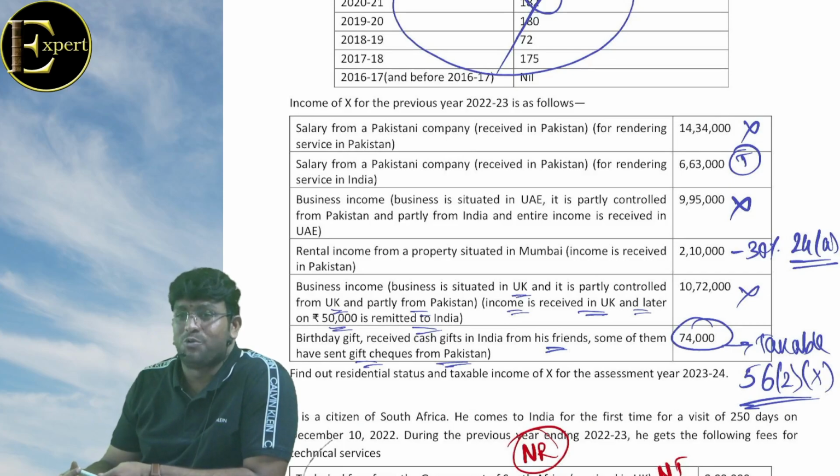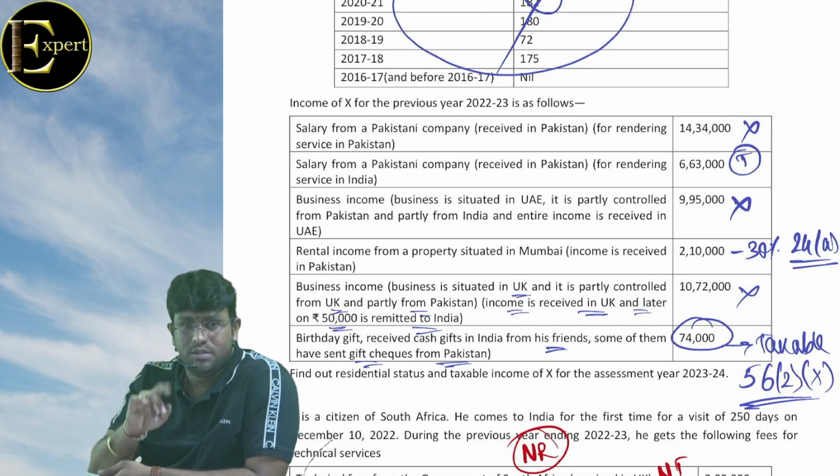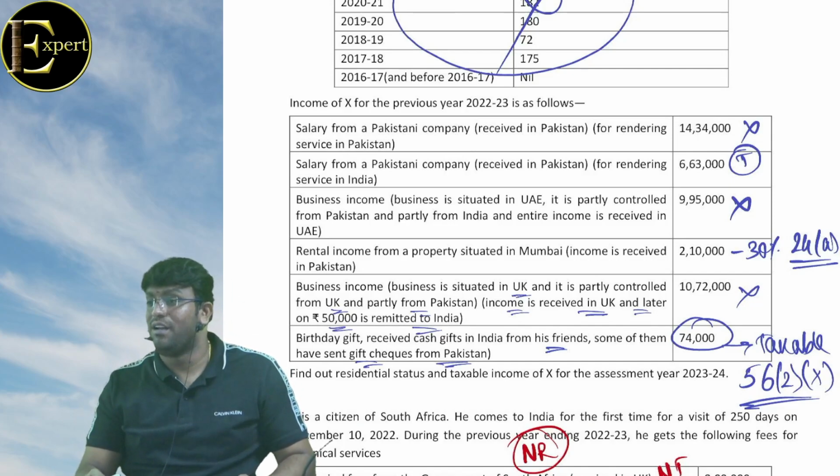If it is 51,000, is it taxable? How much? 51,000 is taxable, not the excess. Full. Not excess. Clear? Anjali, how much is taxable? Full. Very good.